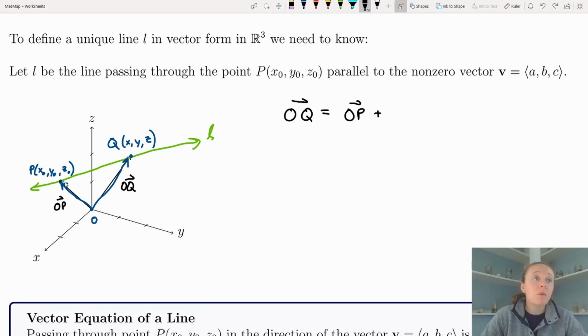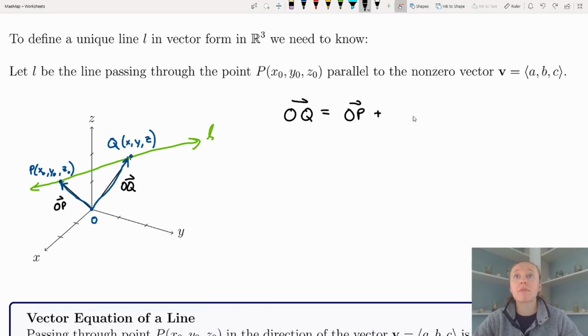However, I want it going in the same direction or the opposite direction because I'll just be able to multiply that by some scalar. And you can see that we have some non-zero vector v that is parallel to the line. So if we have some vector v that's parallel, once we get to that line L, all we need to do is multiply by a scalar to get to Q.